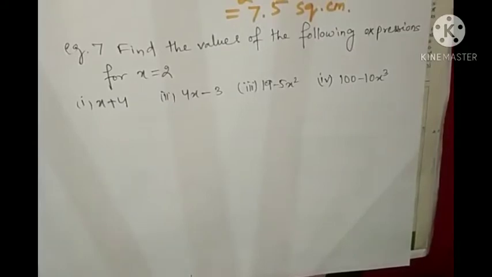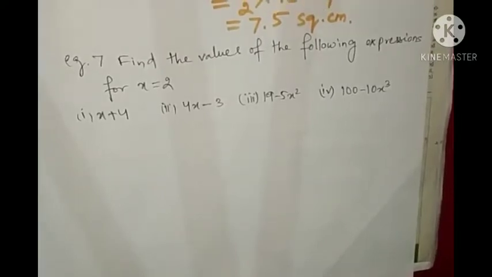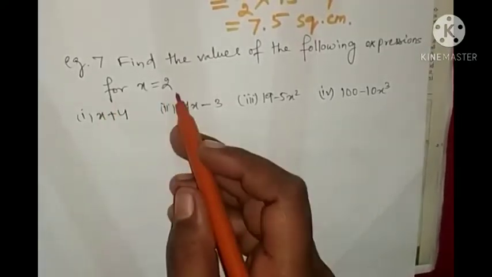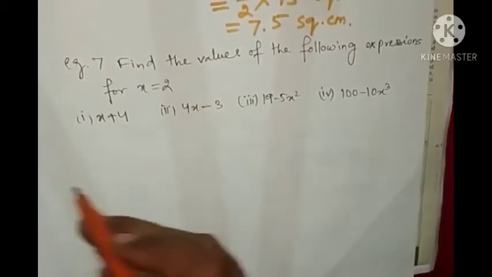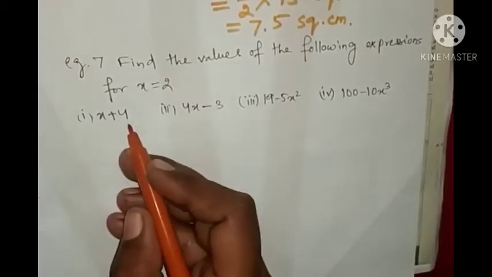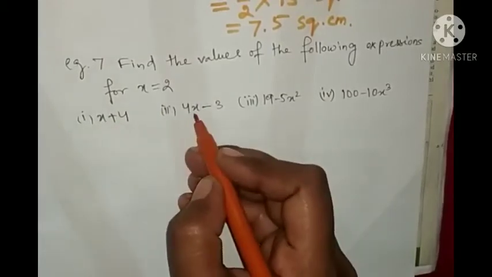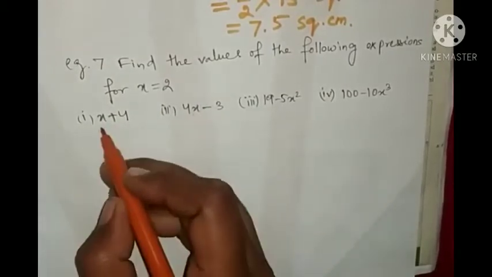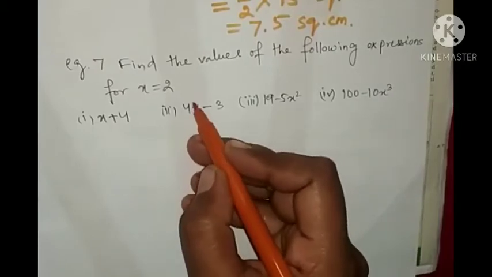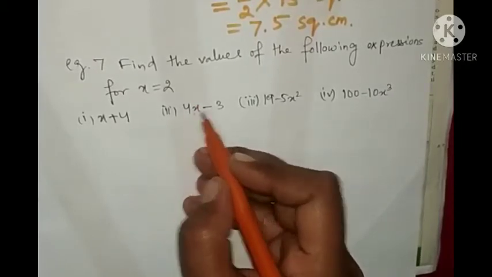Here, find the value of the following expressions for x equal to 2. First is x plus 4. Since x is equal to 2, in x you will put 2. Second is 4x minus 3. Here x is the variable, so put x equal to 2, not in 4 and 3.